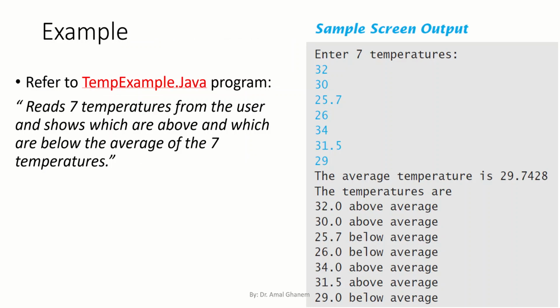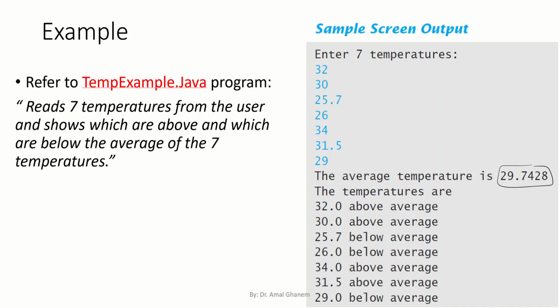I will ask the user, please enter 7 temperatures. We will read all these numbers, and each time I'm reading a number and adding to the summation, and at the end we will calculate the average. So this is the average at the end. Now what I have to do is go through each temperature that was entered by the user and say, is it below or above the average?